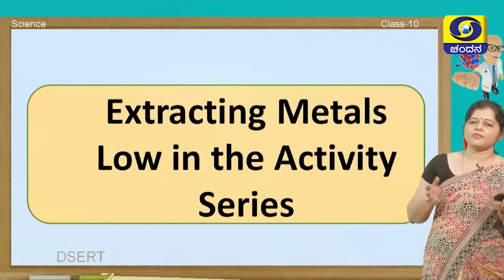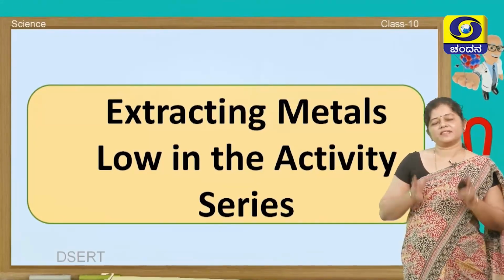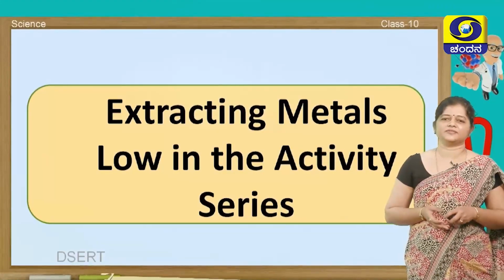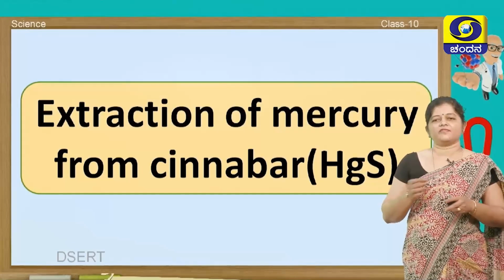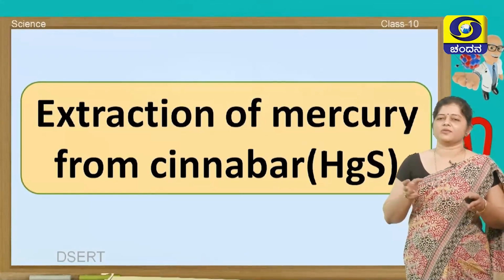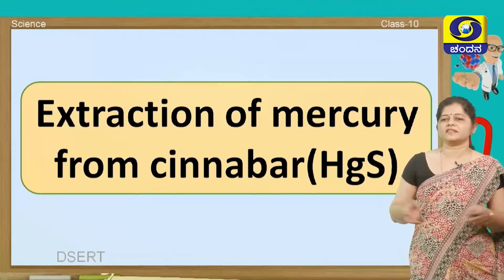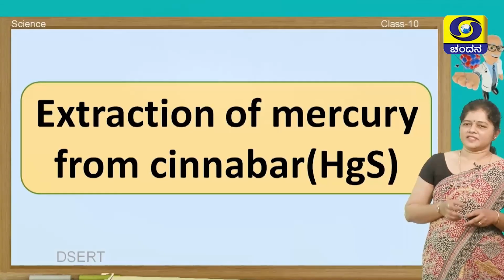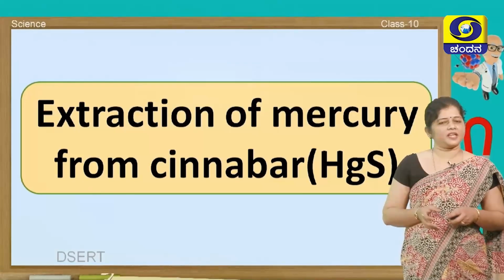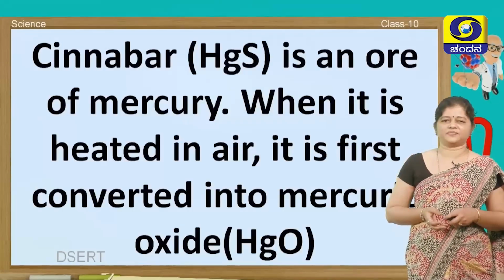Now, let us see how we can extract metals which are low in the activity series. One such metal is mercury. One of the ores of mercury is cinnabar, mercuric sulfide, HgS. Now, we will study how we can extract mercury from cinnabar.